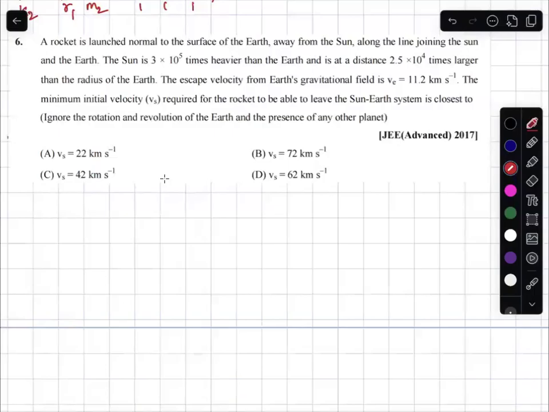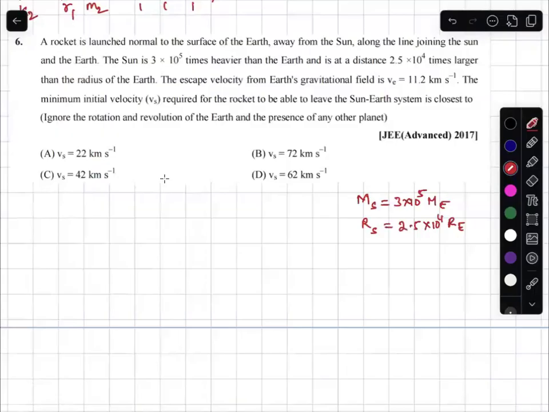Mass of sun is 3 into 10 to the power of 5 times the mass of earth, and the radius of earth's orbit is 2.5 into 10 to the power of 4 times the radius of the earth.